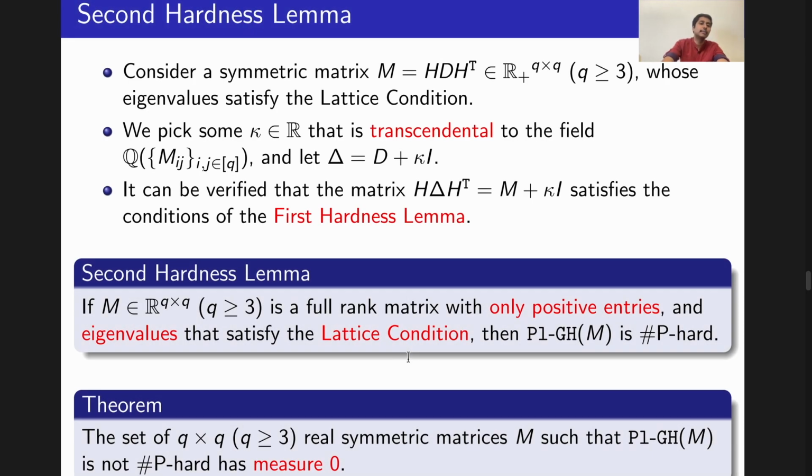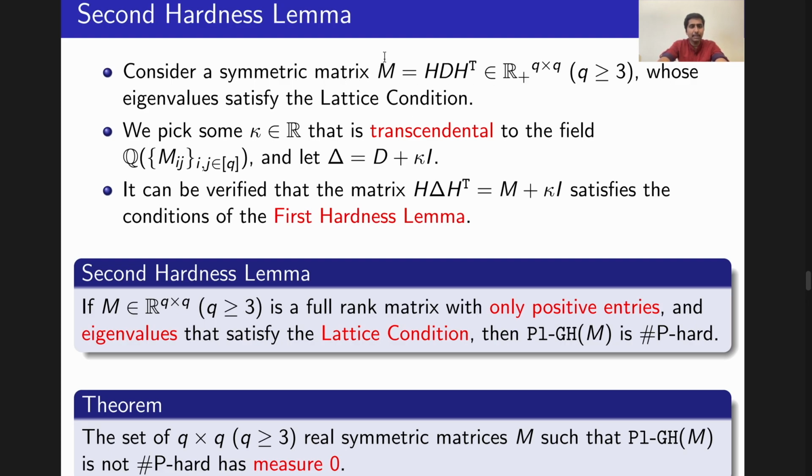We will now use the lemma that I just showed as well as the first hardness lemma to prove our second hardness lemma. We will consider symmetric matrices M that have only positive entries and whose eigenvalues satisfy the lattice condition.